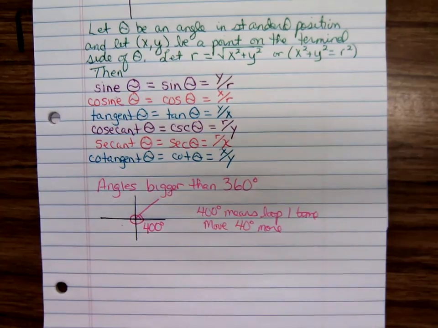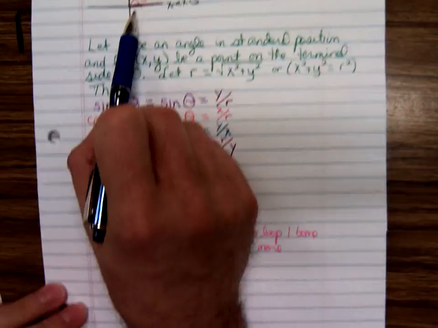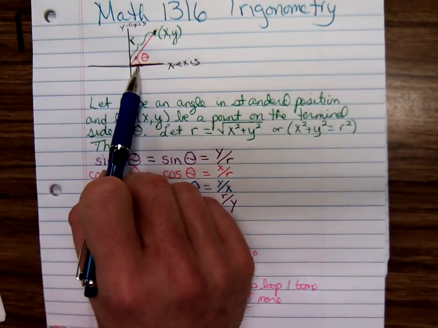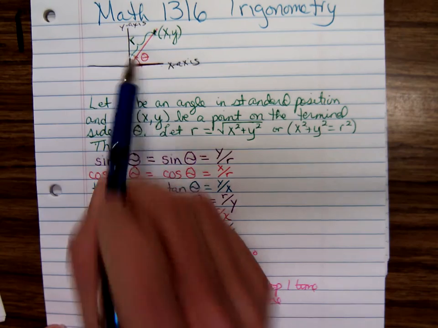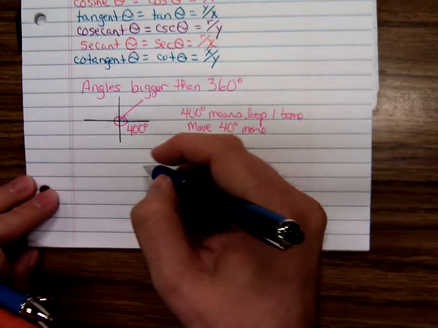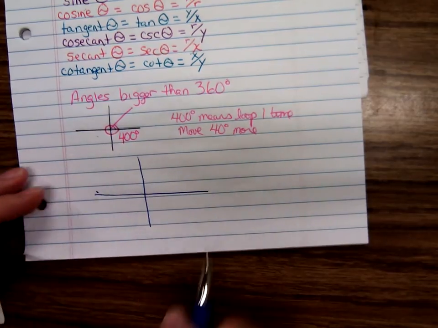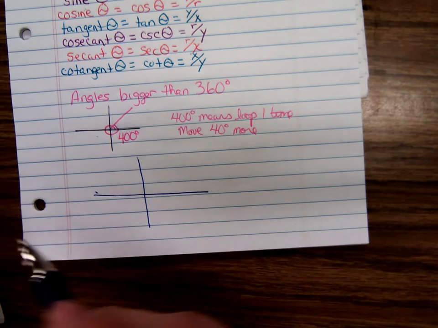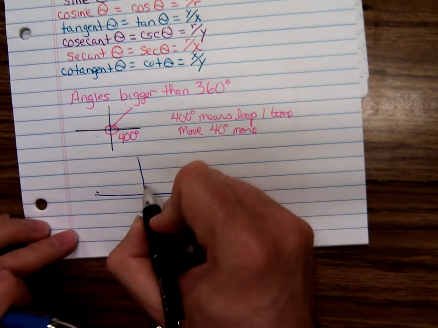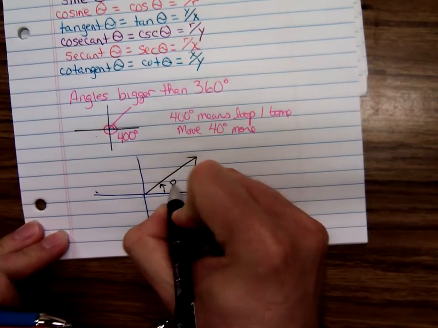Normally, when we have our angles in standard position, we're moving counterclockwise. If you move counterclockwise, that's going to be a positive angle. So if you take an angle and move counterclockwise, that angle's positive.